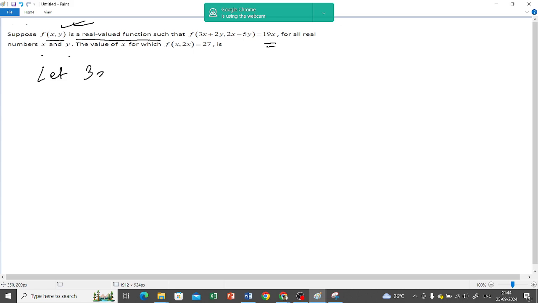Let 3x + 2y equal a and 2x - 5y equal b. This is what we have, right? Now let us solve these equations simultaneously.